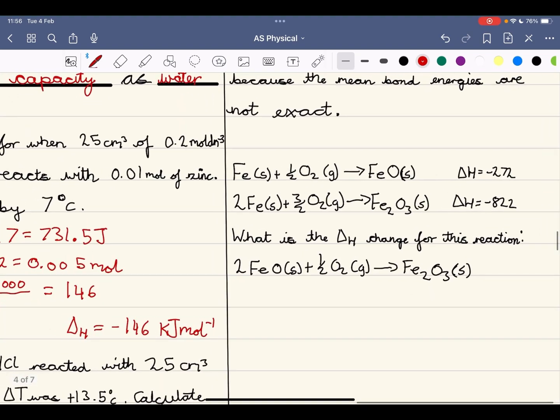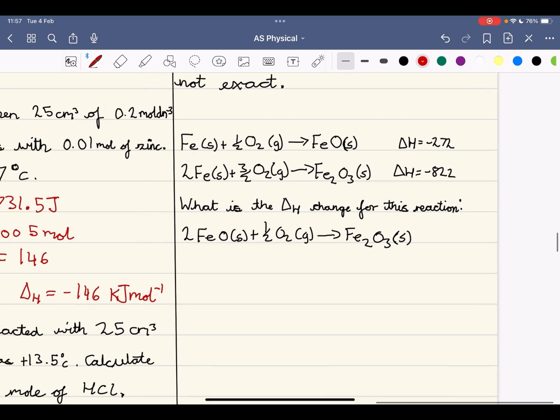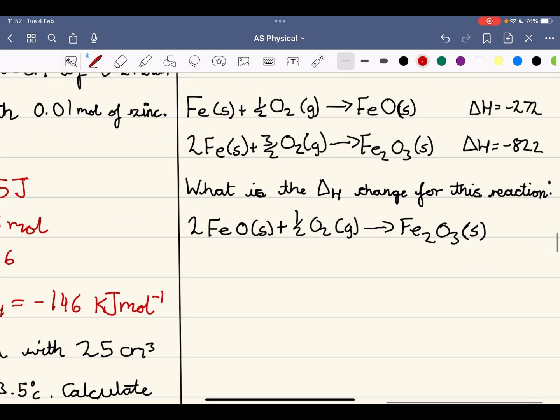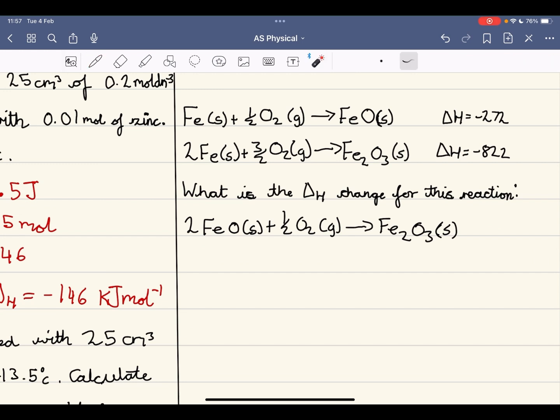Okay, and then here I've got a final type of enthalpy change question to try out. These types normally come up as 1 markers. So the way to go about it is, firstly, look at the reaction that they want you to work out and compare it to the reactions that they've given you.